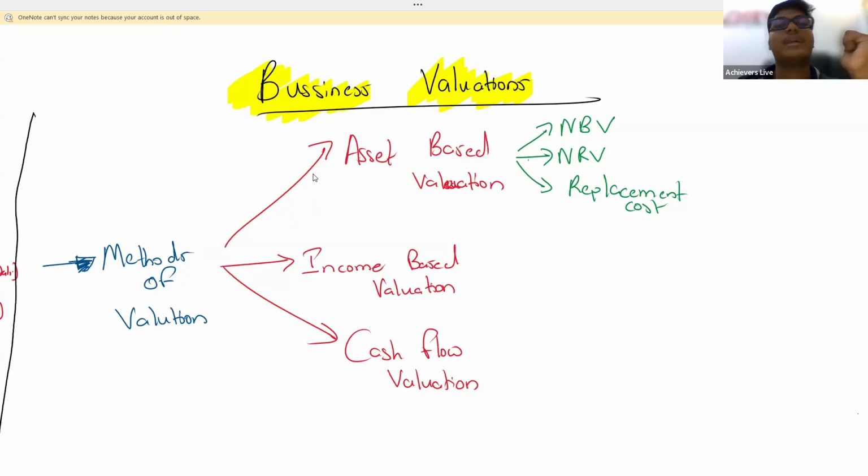So you have to know what are the disadvantages of an asset-based approach. Guys, tell me some disadvantages of asset-based approach.